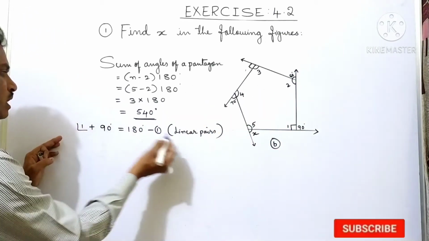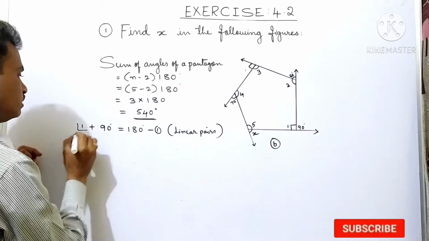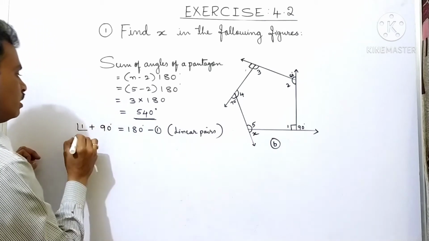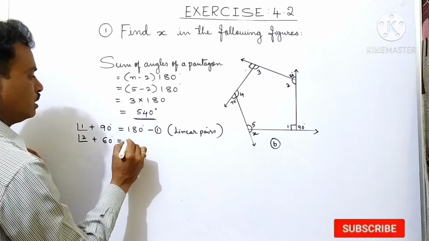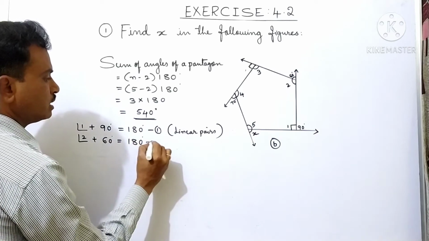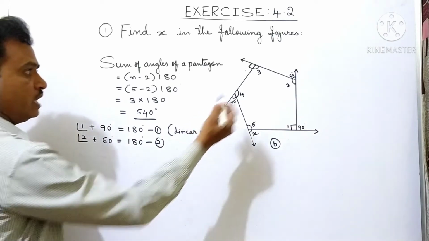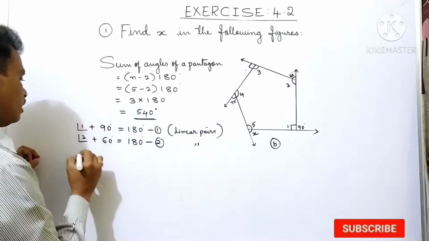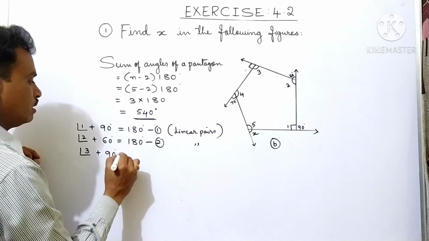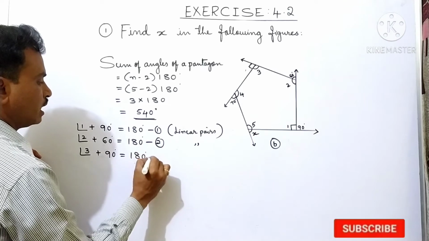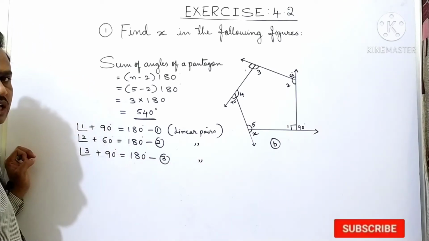Now similarly angle 2 plus 60 degree is equal to 180 degree. This is second one, same, linear pair. Next angle 3 plus 90 degree is equal to 180 degree. This is third one, also same, linear pair.